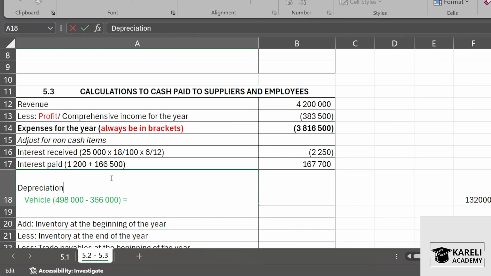That is our first depreciation. 132,000 plus we want the one for equipment. We want the one for equipment.